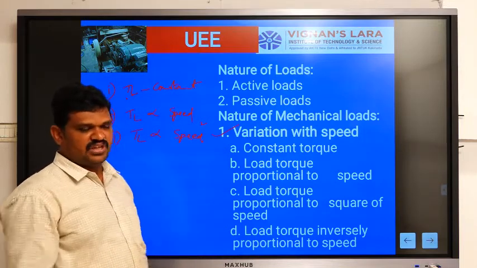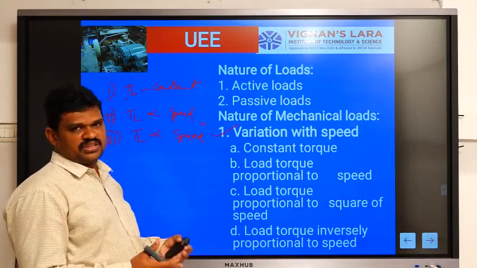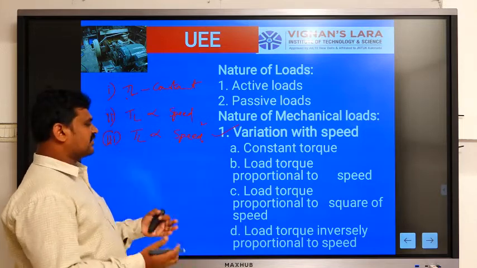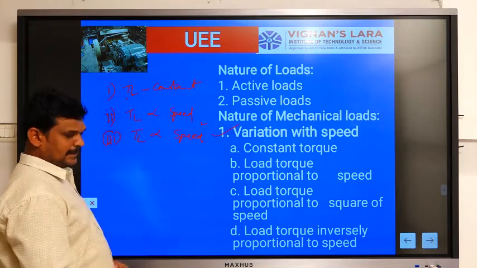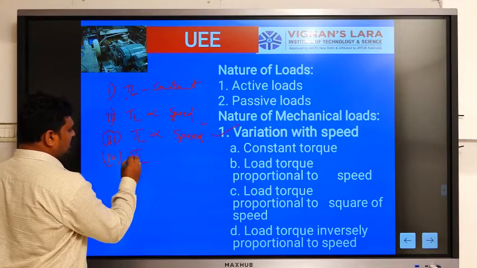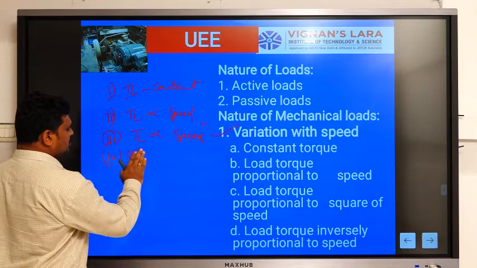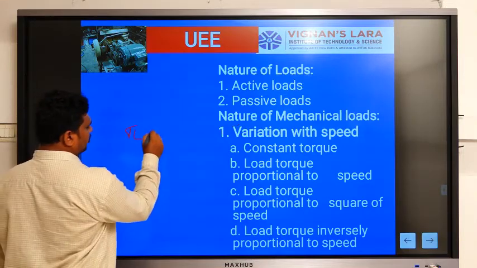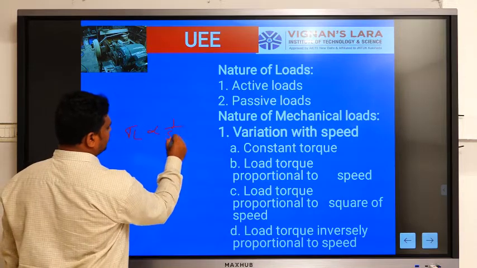We are using a pump mechanism, so that is the centrifugal pump. In that, the load torque is proportional to the square of its velocity. For some loads, the load torque is inversely proportional to speed.